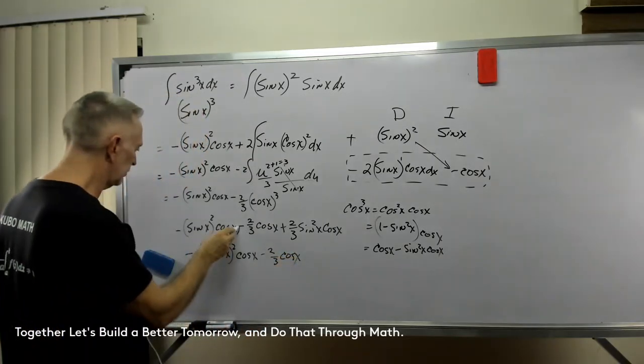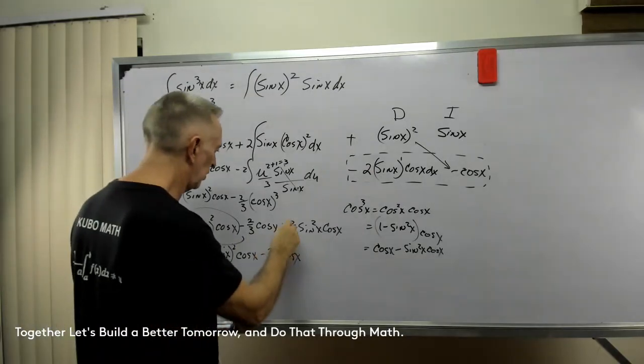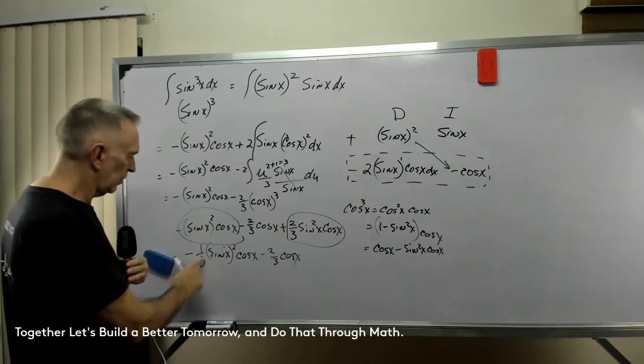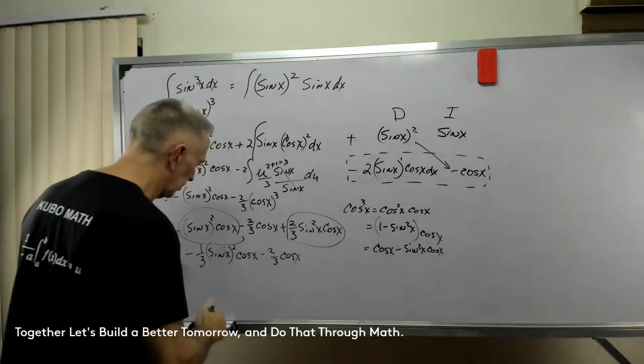This term was minus one of these, and this was plus 2/3 of that same quantity.